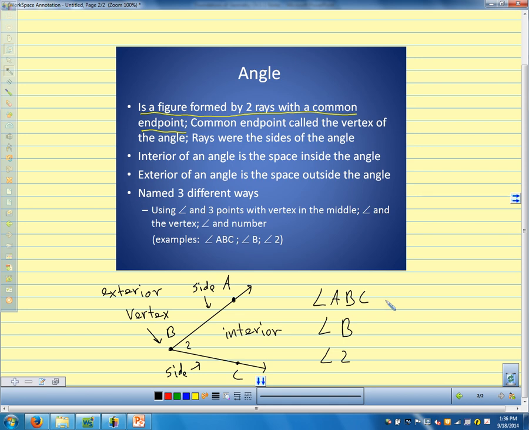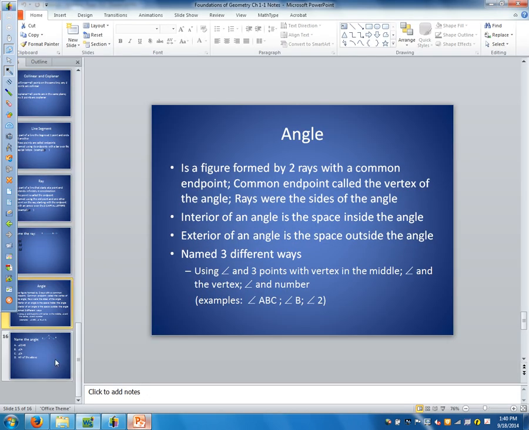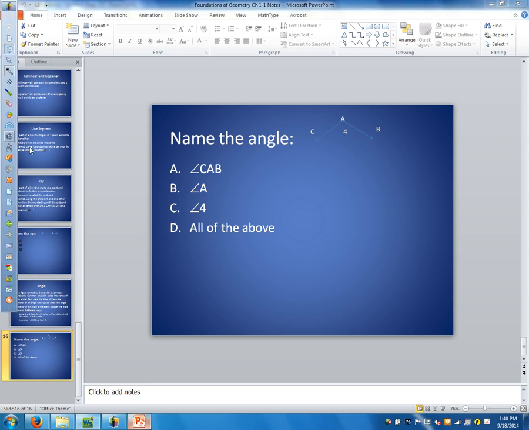All right. Now I have another question about angles. Are we good with our definition? Okay. And we want to name this angle.